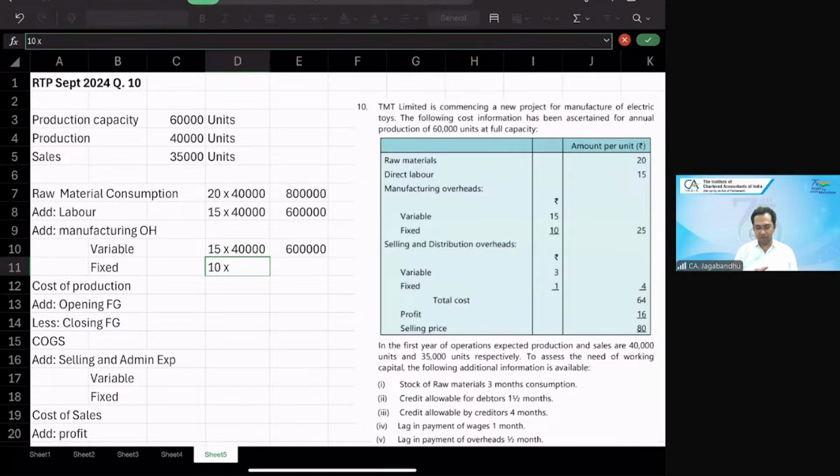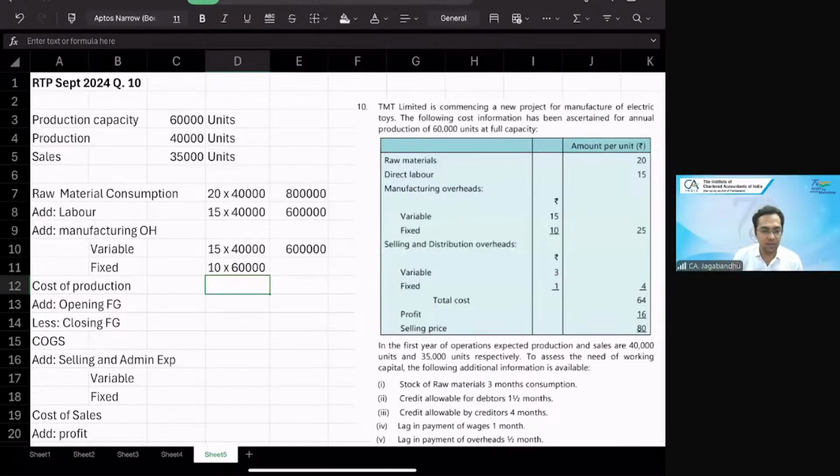But remember, this 10 will be multiplied by 60,000. Why 60,000? Because when you have budgeted this at 60,000, the fixed overhead rate of 10 is computed by total cost divided by the number of units estimated to be produced.